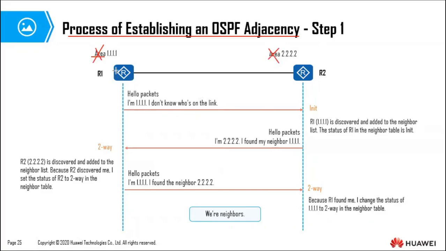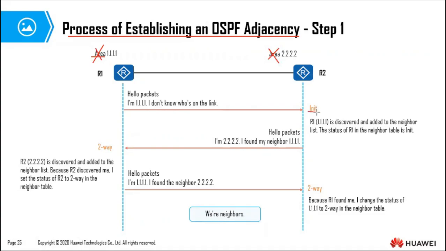Okay, so when we configure OSPF, we enable OSPF on this interface on R1 and on this interface on R2. R1 will send a hello packet: hello, I'm 1.1.1.1, I don't know who's on the link. When R2 receives that hello packet, it transitions from the down state to the init state.